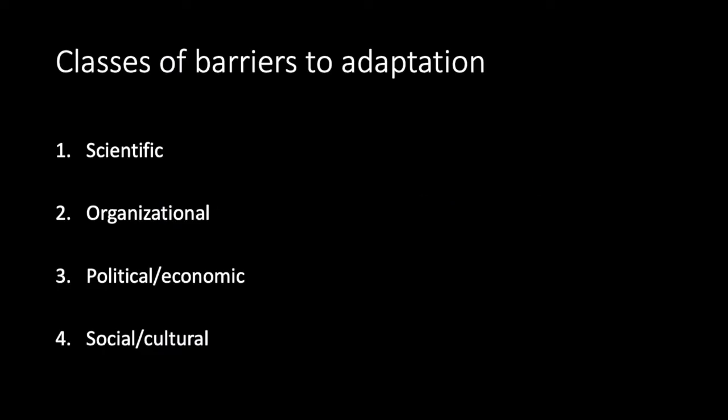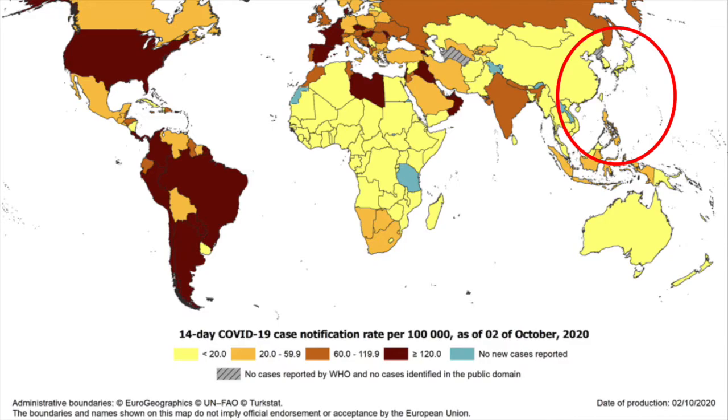Finally, a fourth class of barriers to effective adaptation is social and cultural, features of a society that make it more or less likely to adapt in the face of a challenge. Differing responses to halting the spread of COVID illustrate this quite clearly. Some of the most successful countries at responding to COVID have been Taiwan, South Korea, Vietnam, Japan, and China.